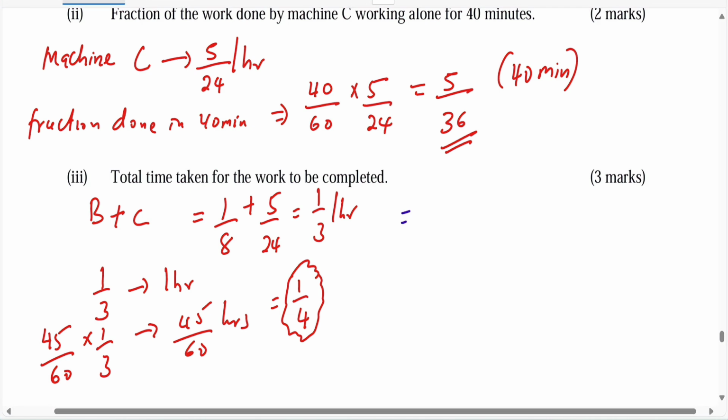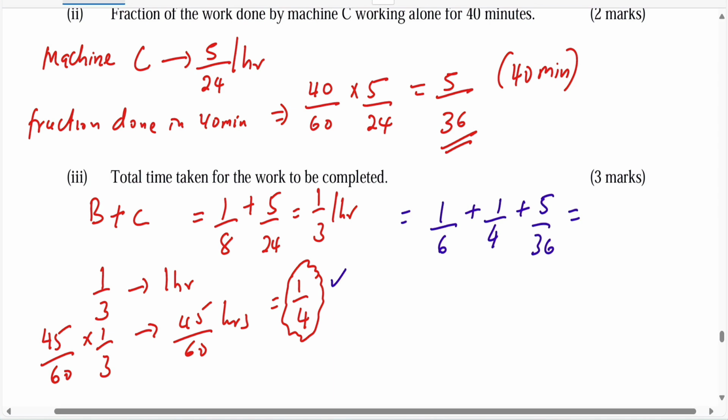So remember, in that first 20 minutes, they did 1/6 of the work, and then in that 45 minutes, they did a quarter of the work. Then in that 45 minutes in which C peke yake alifanya kazi, they did 5/36 of the work.